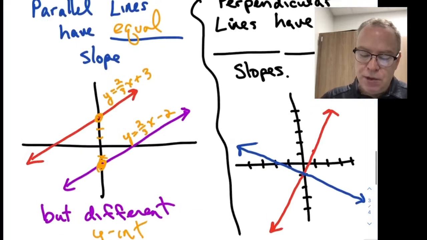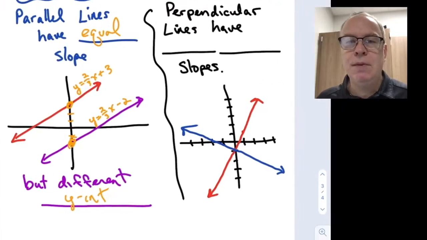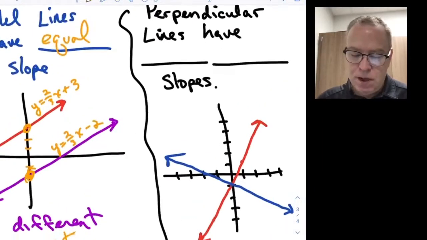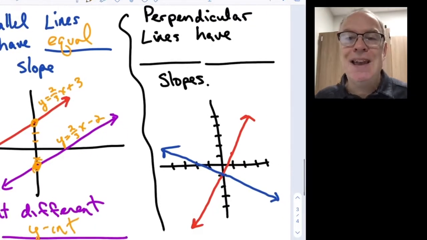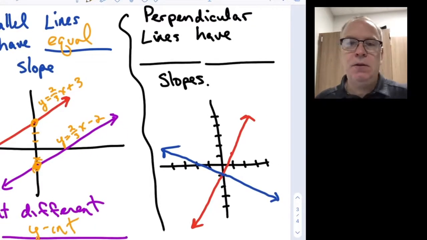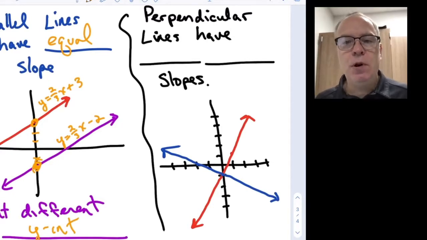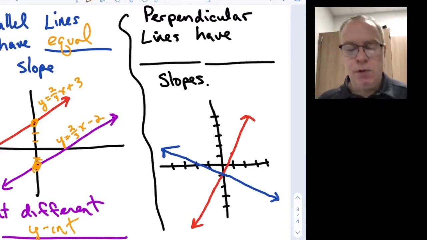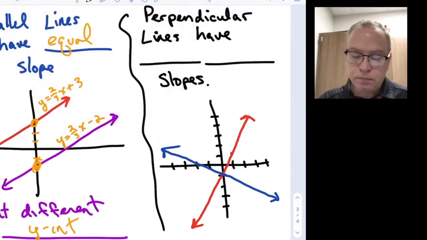All right, this is the tricky one, perpendicular lines, and I can't actually move this over, unfortunately. Well, I might be able to. Let me try this. There we go. Does that work for you? Perpendicular lines look like this. They form a 90-degree angle. Perpendicular lines have a 90-degree angle. Now, I've drawn perfectly perpendicular lines, believe it or not, and let's see if we can discover what's true about their slopes.